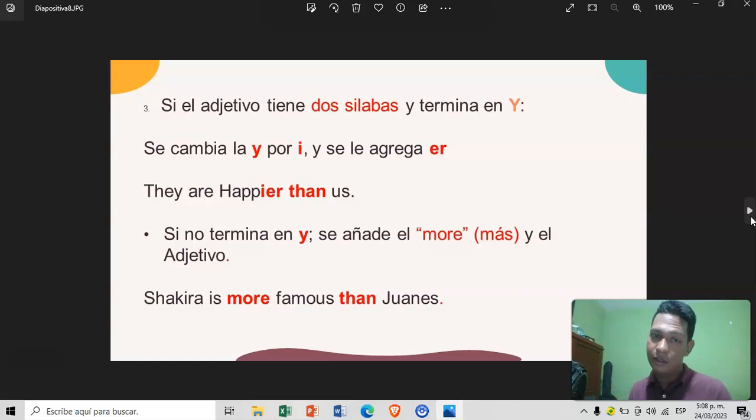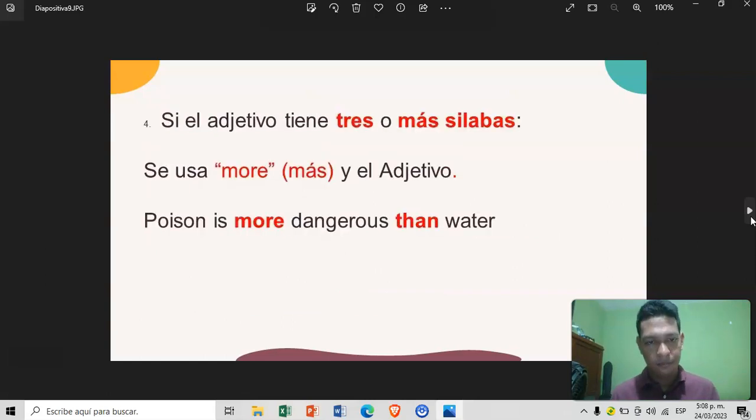If the adjective doesn't finish in y, we are going to use more with the adjective. For example, Shakira is more famous than Juan is. Famous is an adjective, a word that doesn't finish in y, and we are making a comparison.